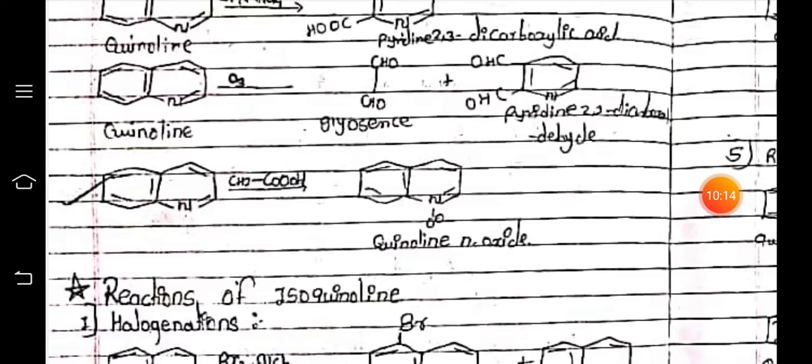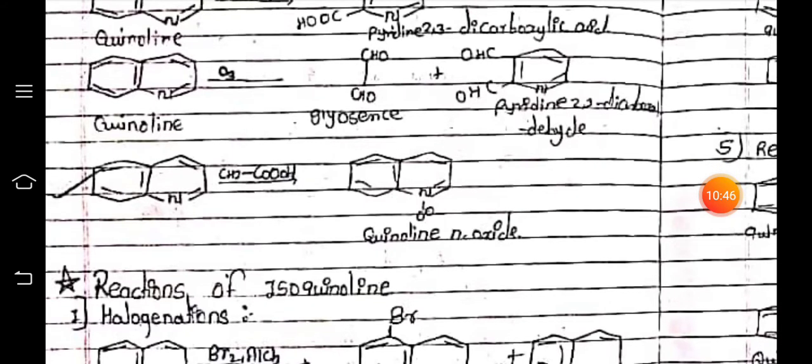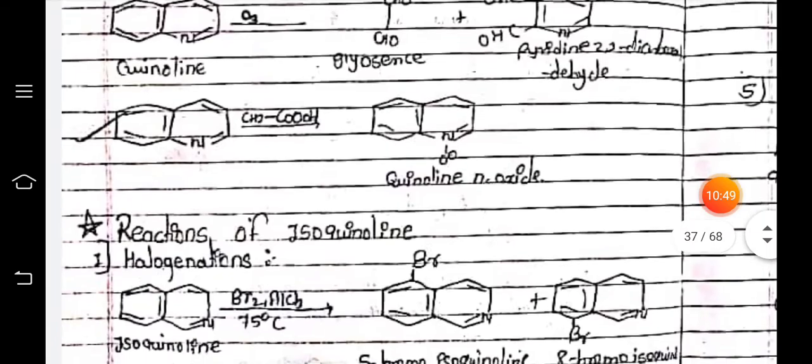So at the sixth and seventh positions there is formation of aldehyde groups, and at the fifth and eighth positions there is also formation of aldehyde groups. This is only possible because of the oxidizing agent, ozone. So we get two compounds: glyoxal and pyridine 2,3-dialdehyde. These are the two compounds that form.